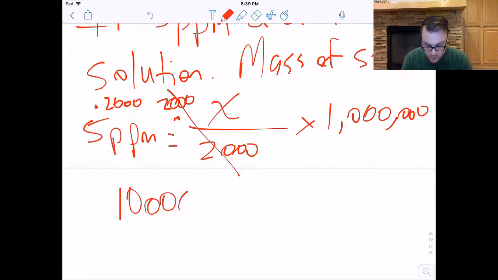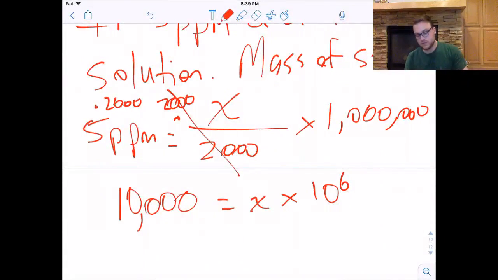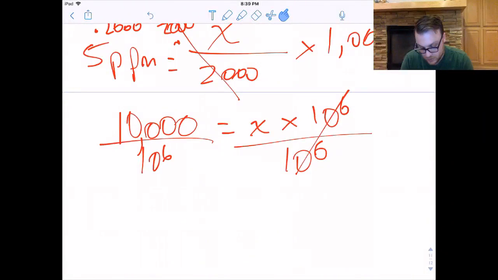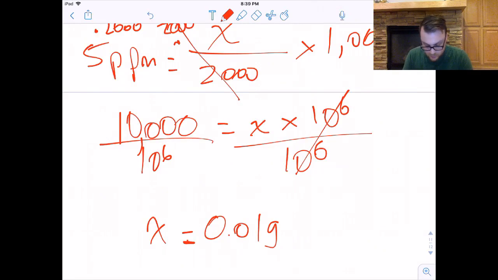Divide both sides by 1,000,000, and you should get X equal to 0.01 grams, or is it 0.1? Let me double check. 10,000 divided by 1,000,000, 0.01 grams. All right. So you've got to be able to use the parts per million formula to solve for parts per million, or solve for grams of solute.